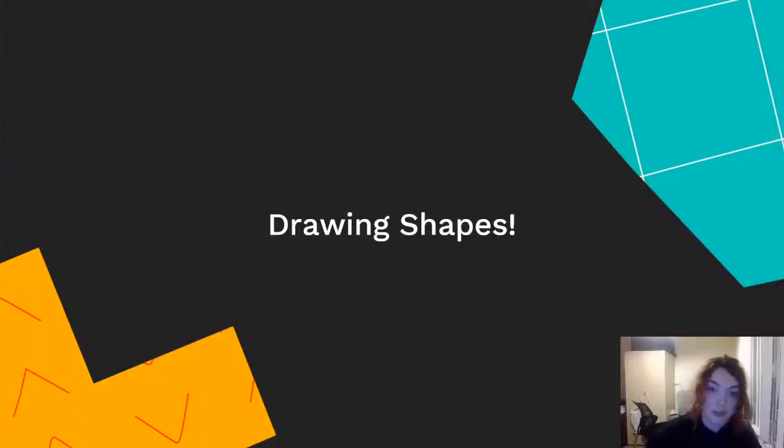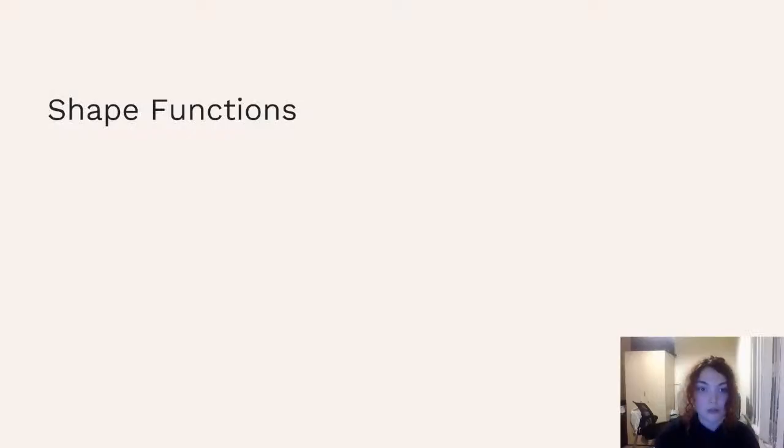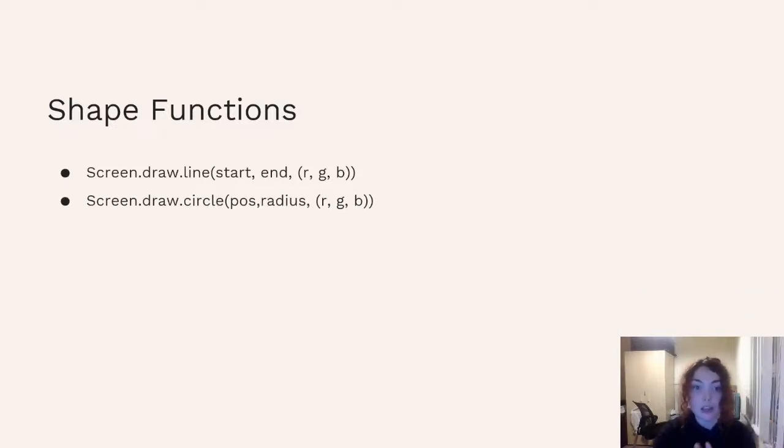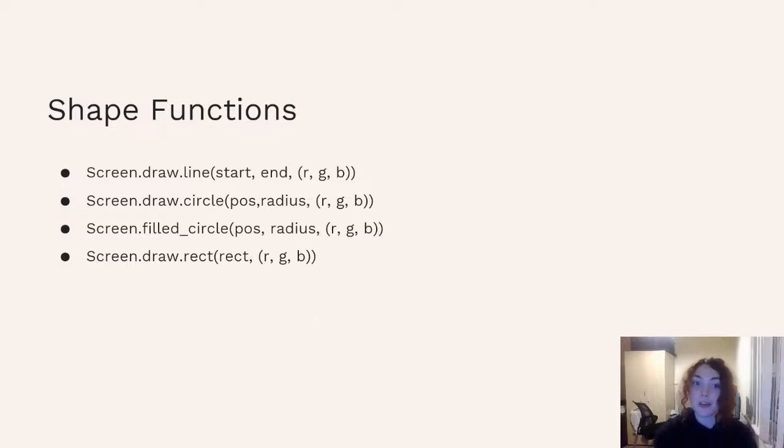is drawing shapes. We have a background now, which is great, but it's not really much use having a background on our screen if we're not going to do anything. So we're going to show you how to actually add some stuff to the screen. So the shape functions for Pygame are: you can draw a line, you can draw a circle, you can draw a filled circle, you can draw a rectangle, and you can draw a filled rectangle.